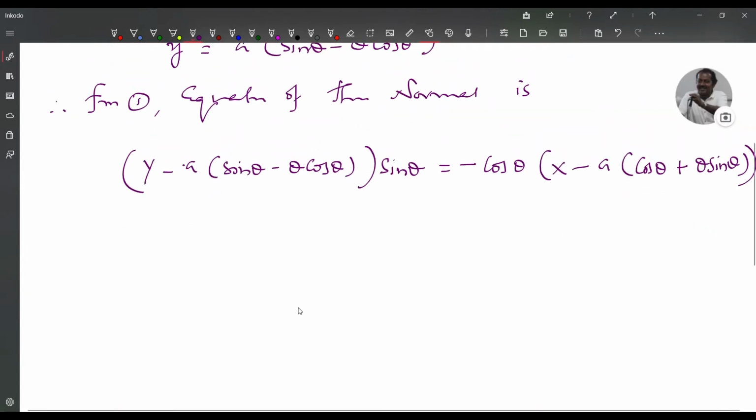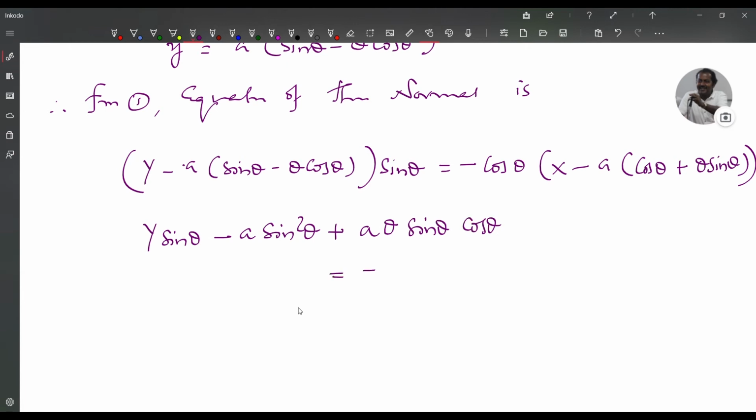On expanding, we will get y sin theta minus a sin square theta plus a theta into sin theta cos theta equal to minus x cos theta plus a cos square theta plus a theta cos theta sin theta.